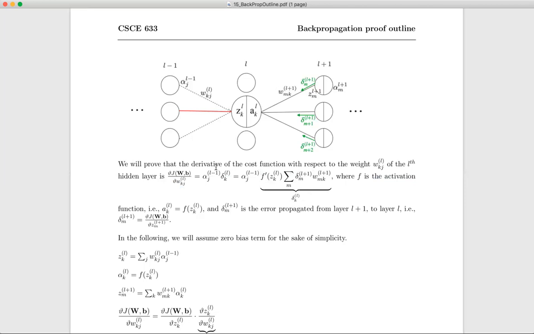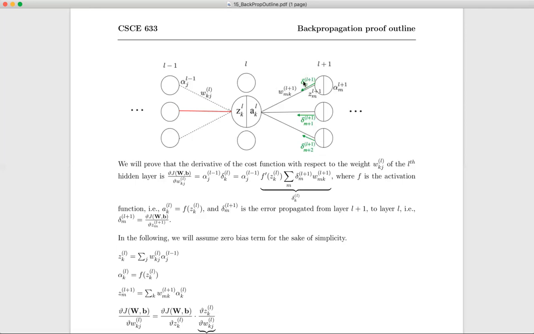The error that reaches the K node of the L inner layer is proportional to the first order derivative of the activation function at that node, multiplied by the sum of the errors propagated from the nodes of the L+1 layer.